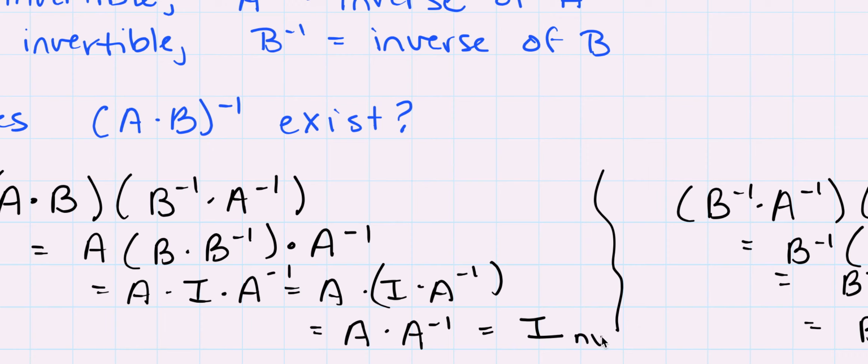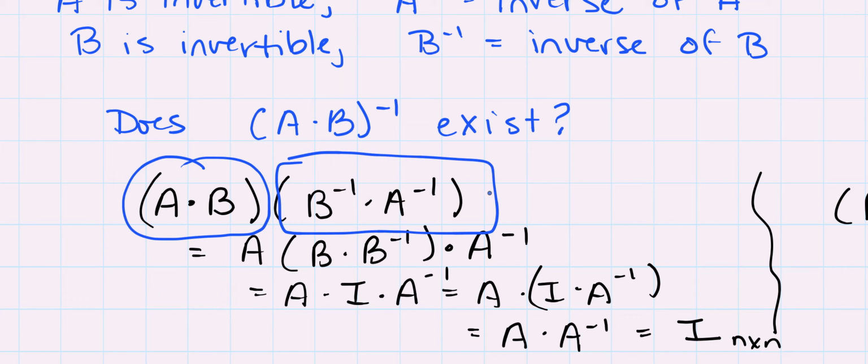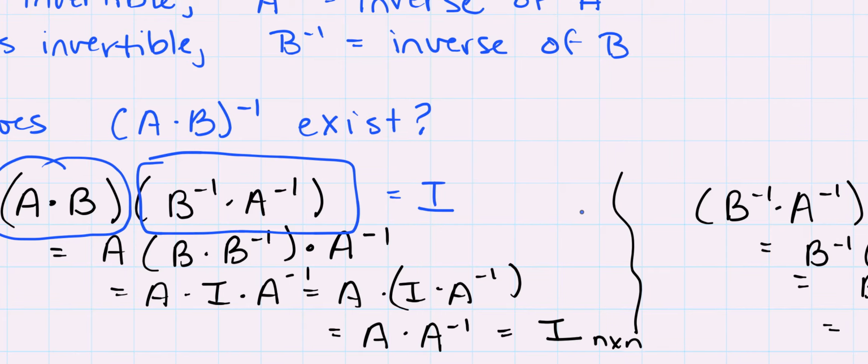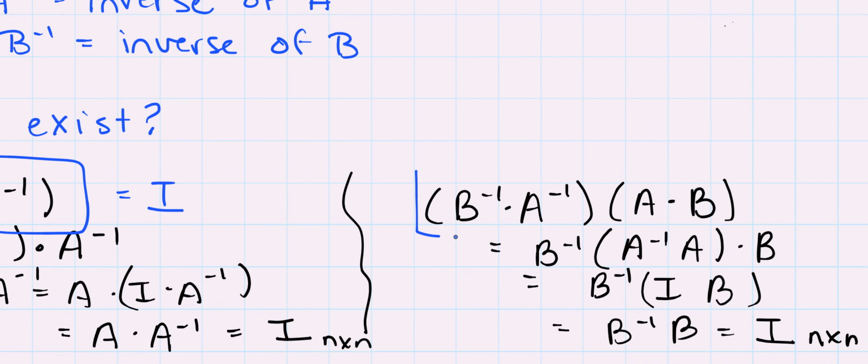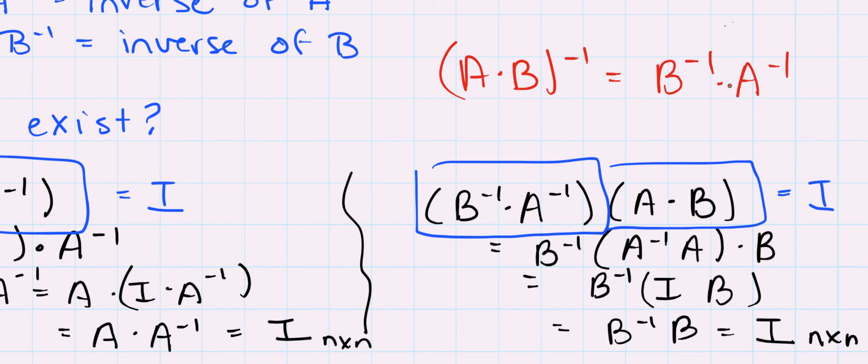So what we've shown is that if we multiply A times B by this product, we get the identity. And at the same time, if we switch those orders, we also get the identity matrix. So in conclusion, the inverse of A times B is equal to B inverse times A inverse.